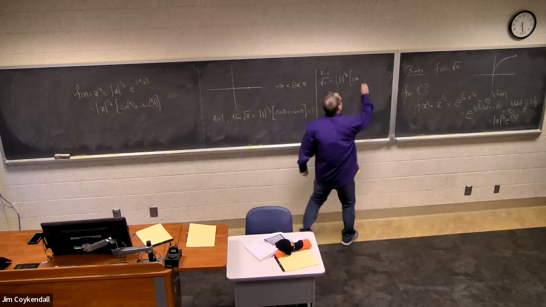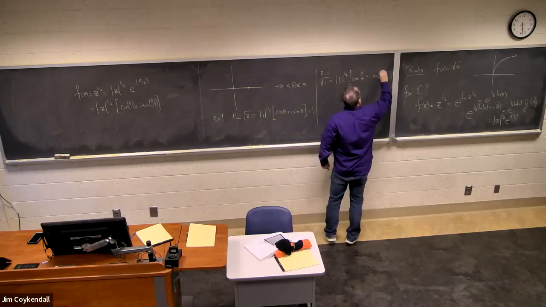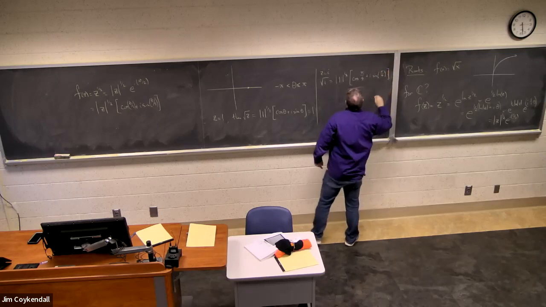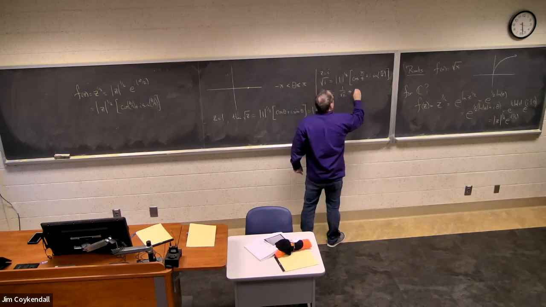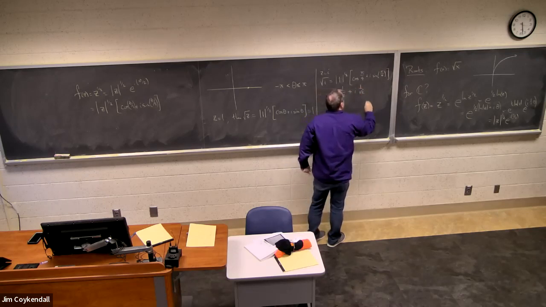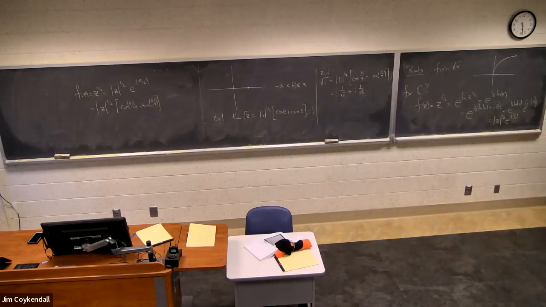So this should be cosine pi over 4 plus i sine pi over 4. And I get, this might be familiar to some of you, 1 over radical 2 plus i times 1 over radical 2. And if you square that, you'll see that you get i. Okay, so far.